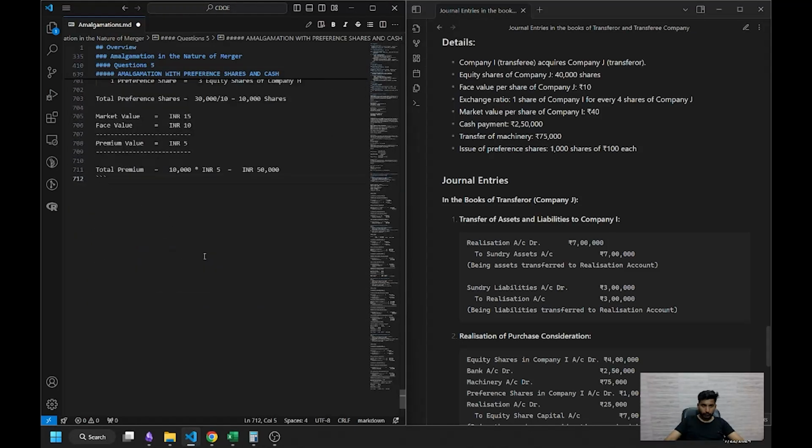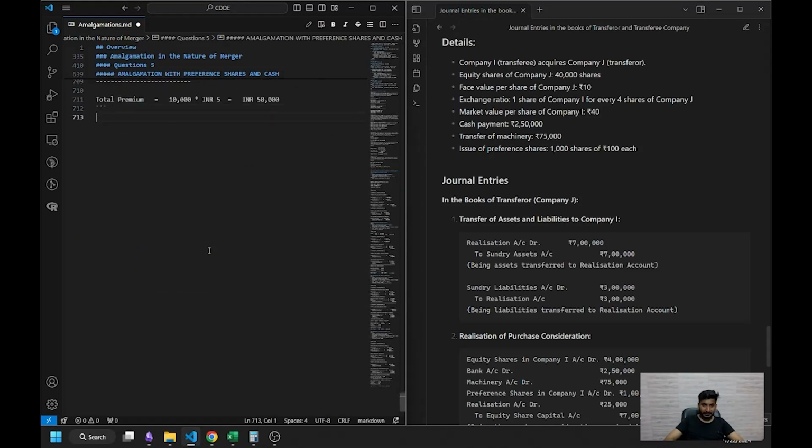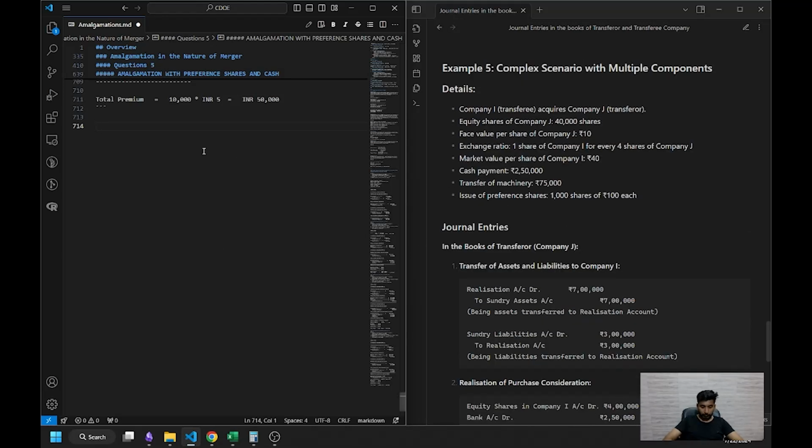Now let's move ahead and go through the last case. In the last case, we are talking about the complex scenario with multiple components. What will happen if we have multiple components?